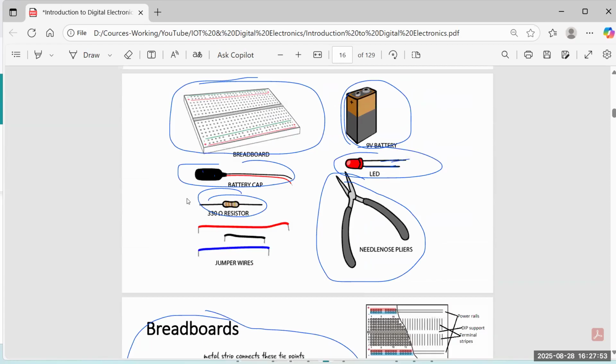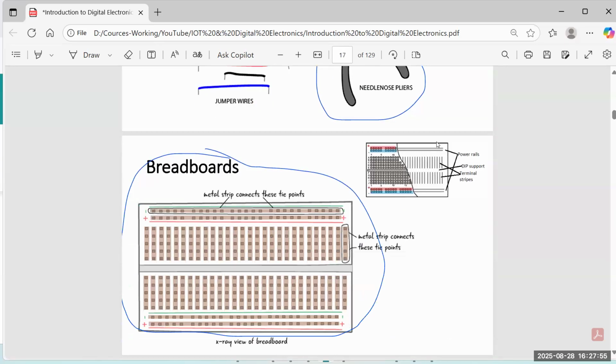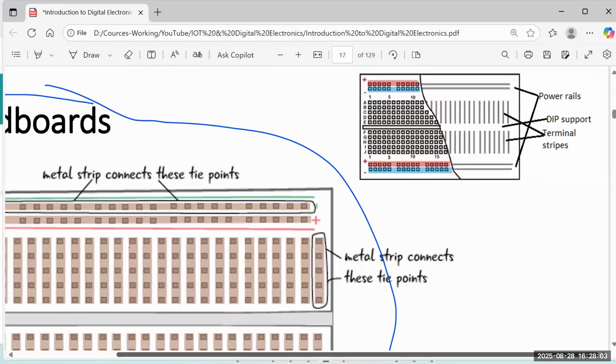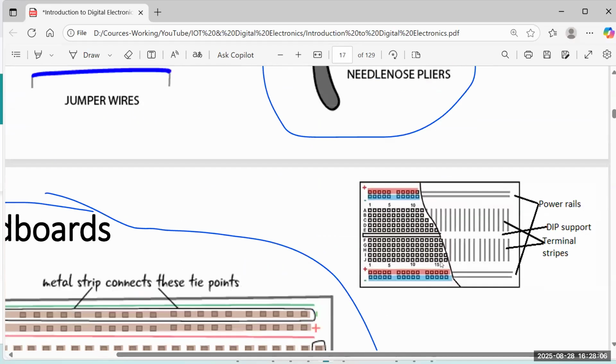And this is how it looks if you don't remove the outer cover, but if you remove it, it looks something like this. These are the two power lines. These holes are connected like this, and this set of holes is connected like this. And on the other side we have a similar arrangement.